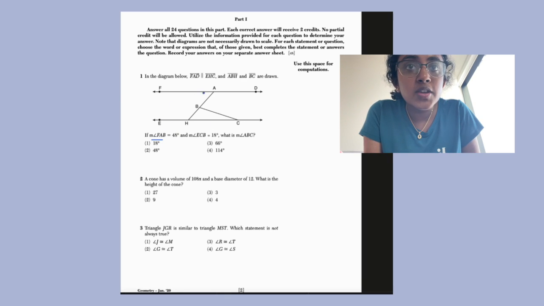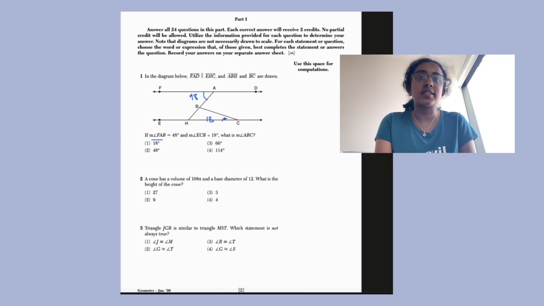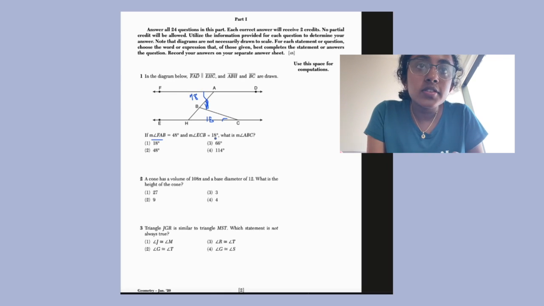So if measure FAB right here is 48, let me draw that, and measure ECB is 18. Okay, what is ABC? Oh, they want to know this angle right here.